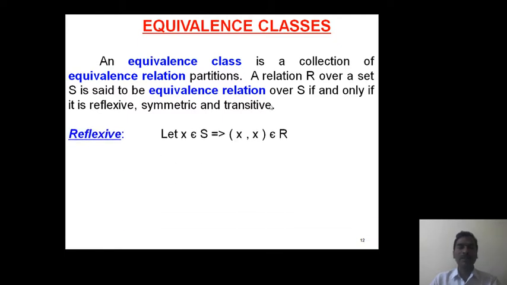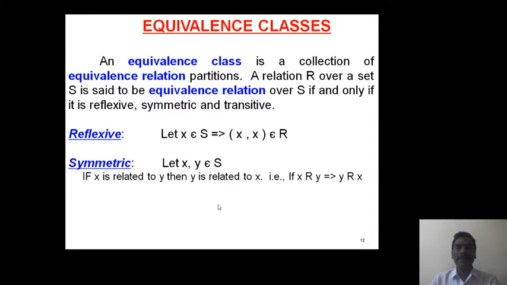Here, observe. Let an element X belong to the set S, then the pair (X, X) belongs to the relation R. This property is referred to as the reflexive property.